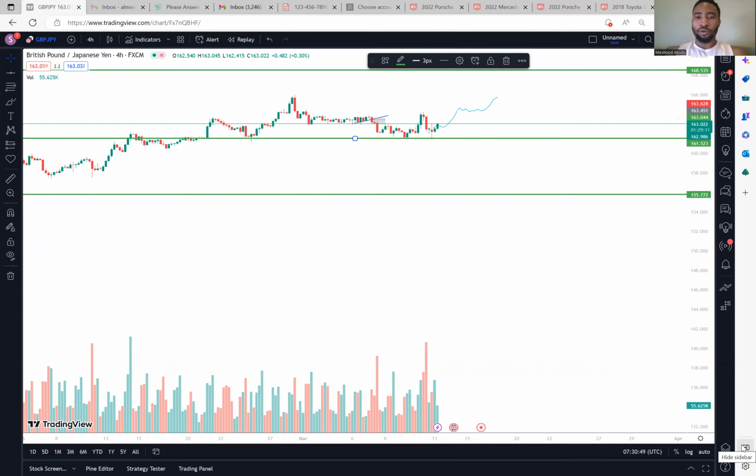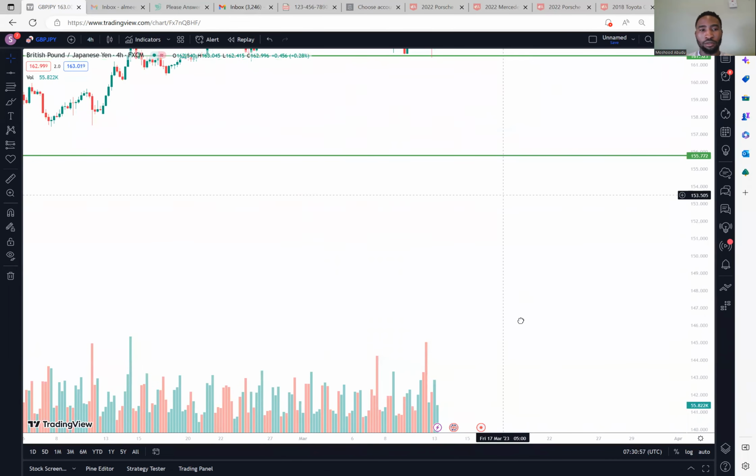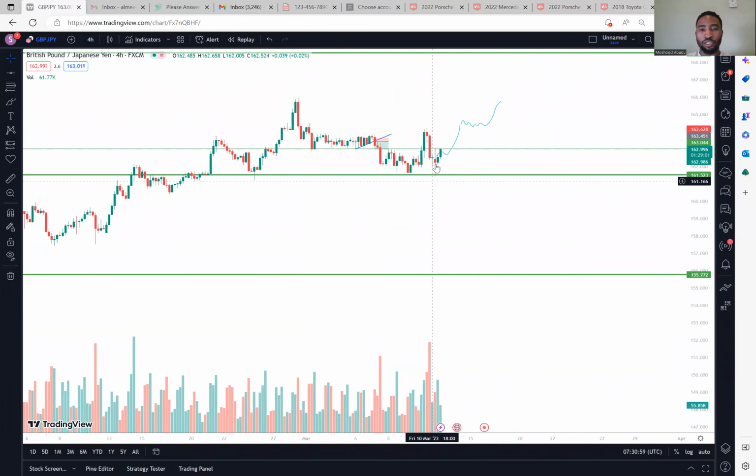Okay, so guys, beautifully. Now we are waiting. I'm still waiting. We can see the market rejected from this area. This one was a typical stop loss hunt right here. All this that happened here was just a stop loss hunt and nothing else.